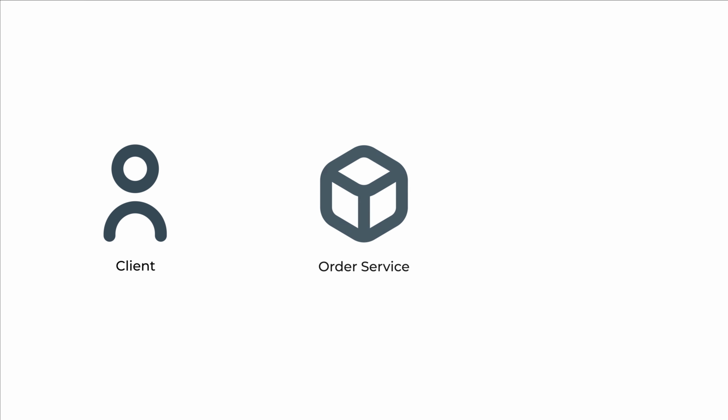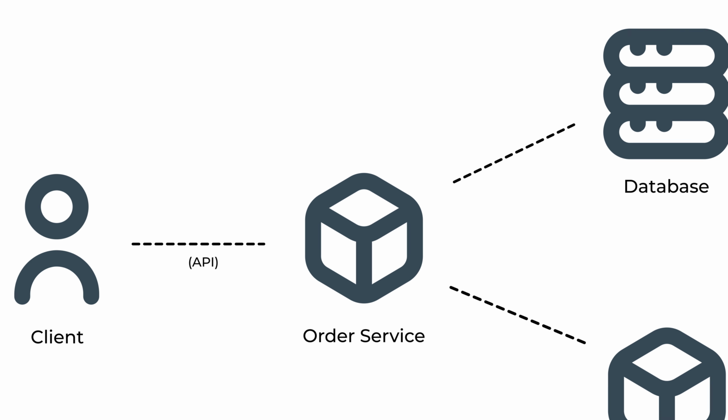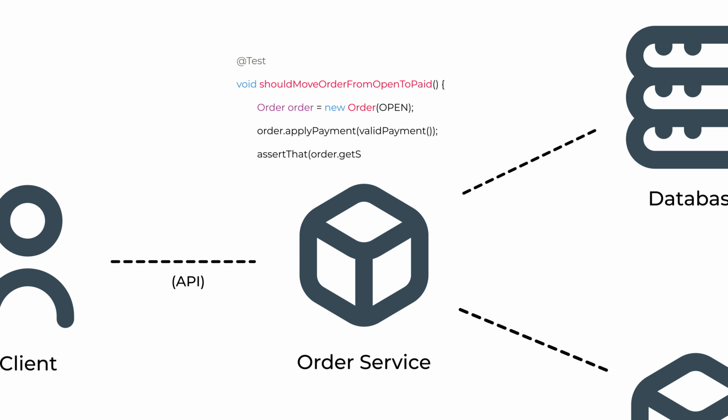To make this more concrete, let's look at a simple real system. Imagine an e-commerce order backend service. The order service exposes an API to the client, stores data in a database, and communicates with an external payment system. At the unit test level, we focus on internal logic inside the order service.